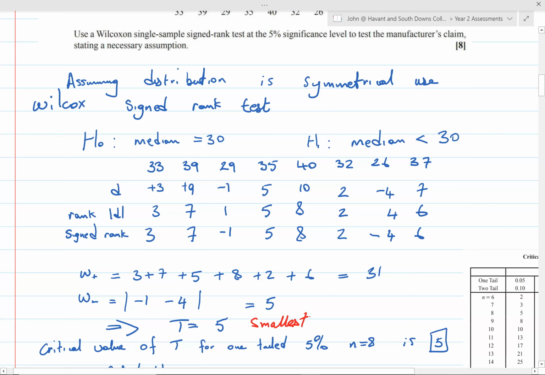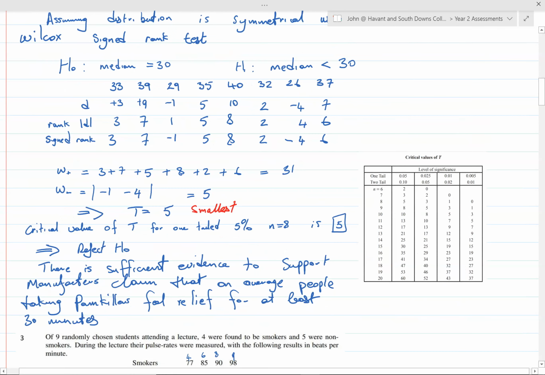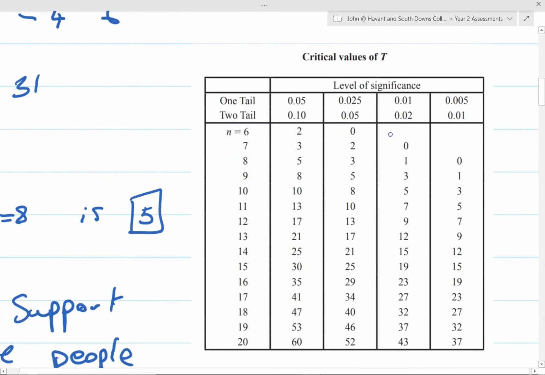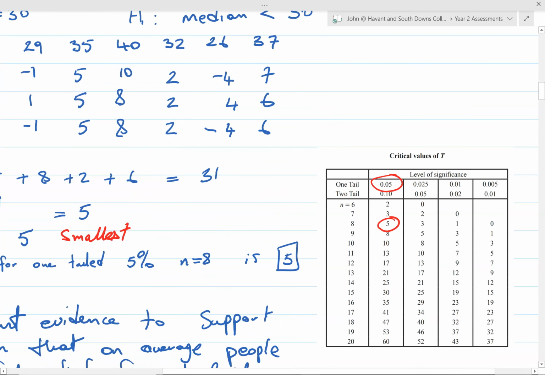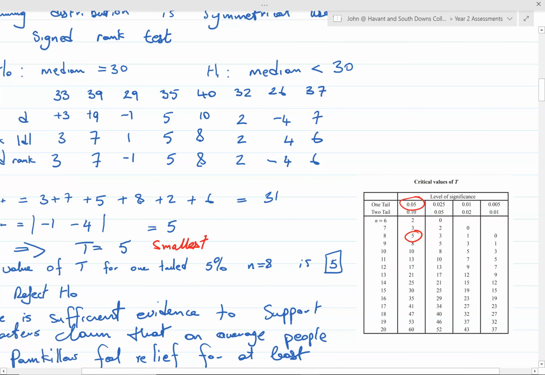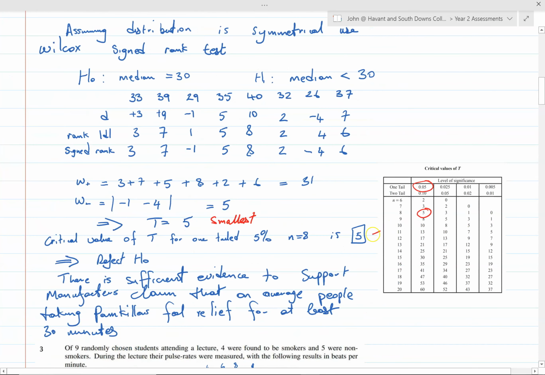Now we compare with these preset tables, which are the ones given in the OCR exam. We look for, remember it was one-tailed at 5%, and our sample size was 8, so the critical value is 5, which is the same as the actual t value.